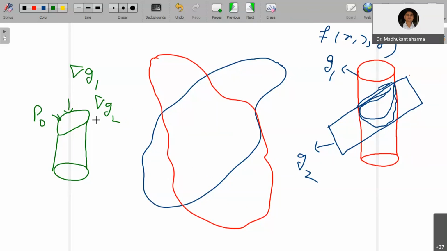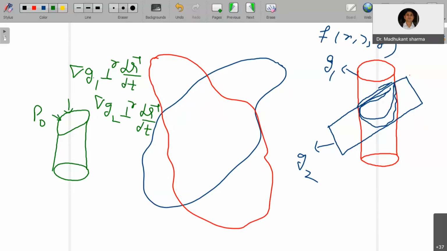In general, when you cut anything, you will obtain a smooth, differentiable curve. So without loss of generality, we can assume that we are obtaining a smooth curve, which is differentiable. So grad g1 is orthogonal to dr by dt, and grad g2 is also orthogonal to dr by dt.